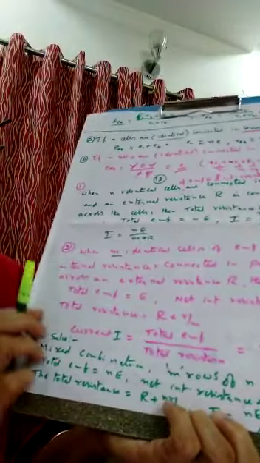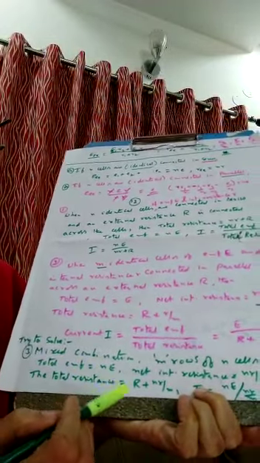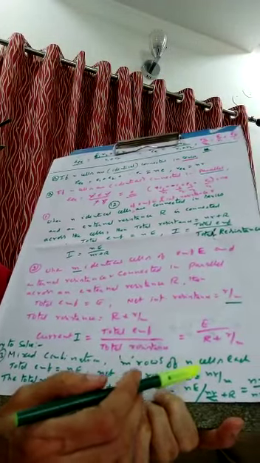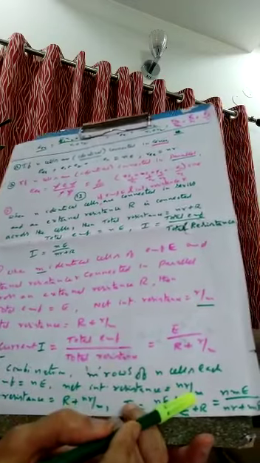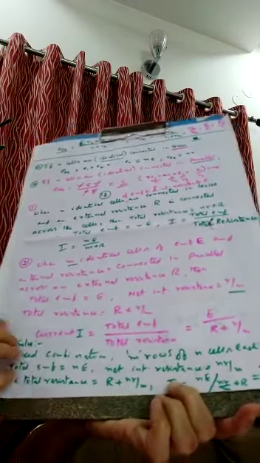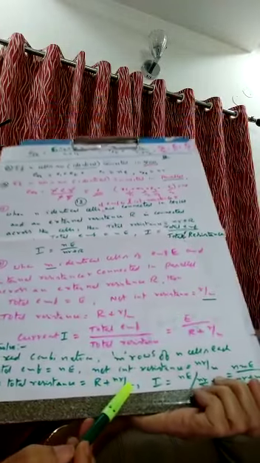I will just give you the hint. It is a task for you and you have to solve this. So m rows are there. What is the total EMF here? nE. And net internal resistance is nr by m, and the total resistance is R plus nr by m.